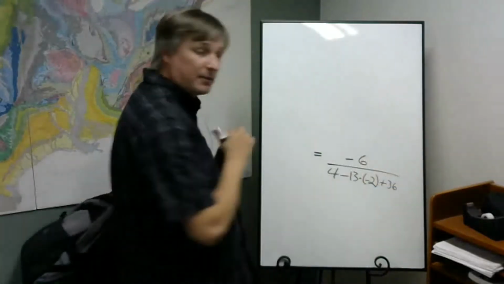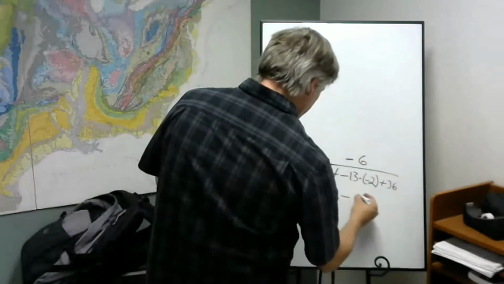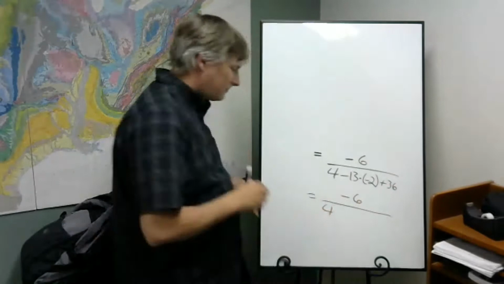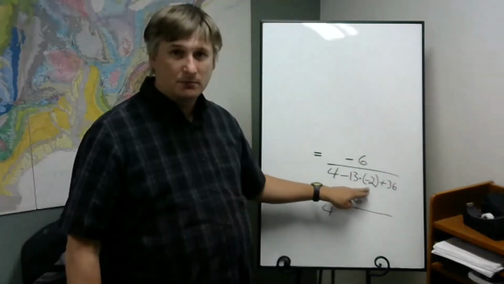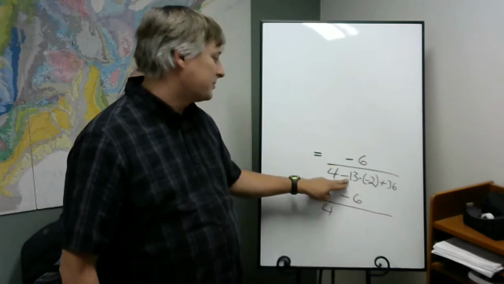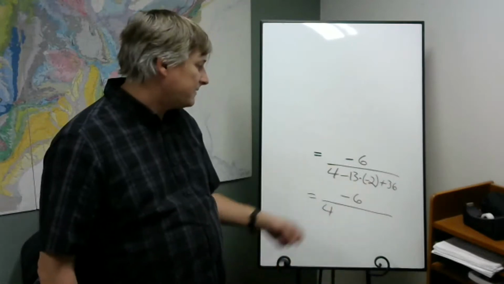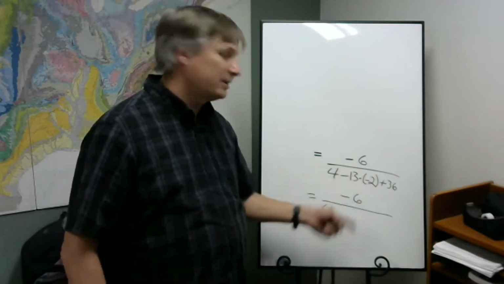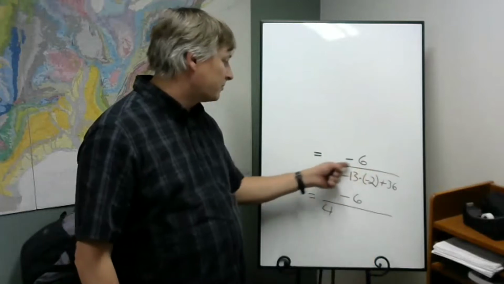So now, still working on the bottom, we do the multiplication. So you can think of this as 13 times negative 2, or negative 13 times negative 2. Now, if we think of it as negative 13 times negative 2, because negative times negative is positive, this will become a plus 26.